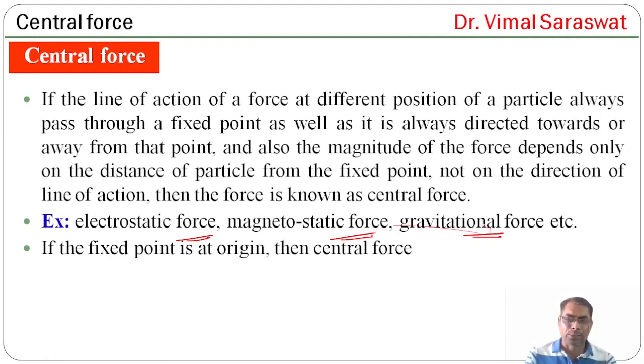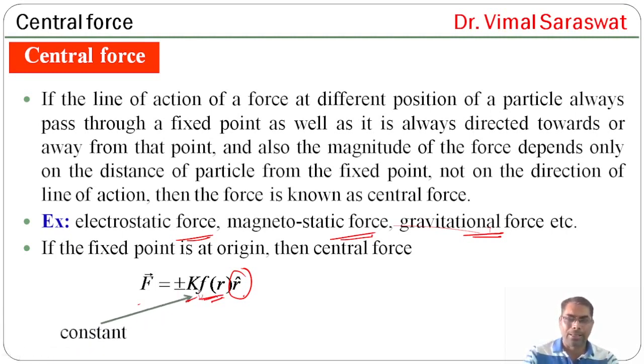If the fixed point is at the origin, then the central force is given by F equal to plus minus K f(r) into r cap. This r cap is the unit vector which shows the direction, and f(r) is any function of r, or function of distance.